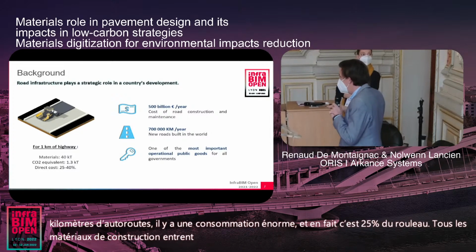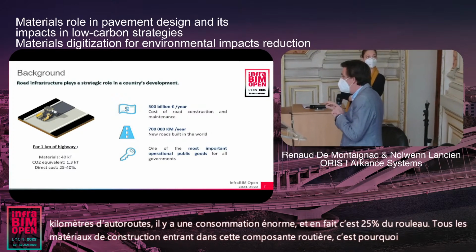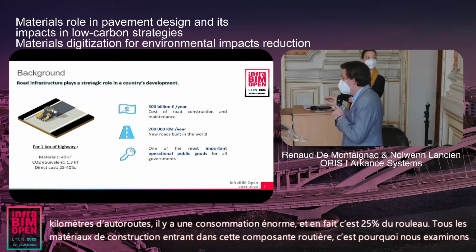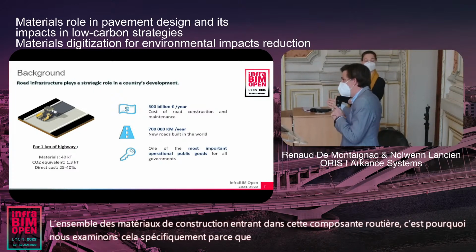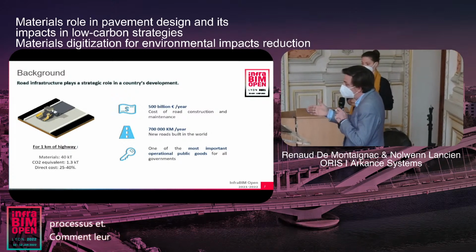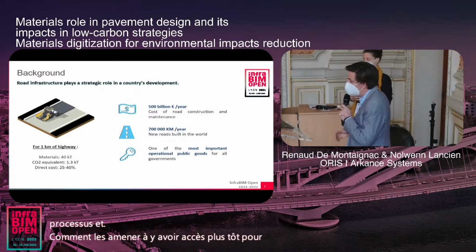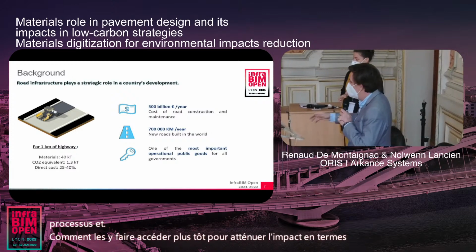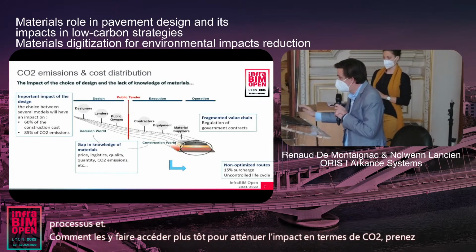So that's why we look at this specifically, because these materials are taken into consideration really late in the process, and how to get access to them earlier to mitigate the impact in terms of CO2, take the right decision in that process.